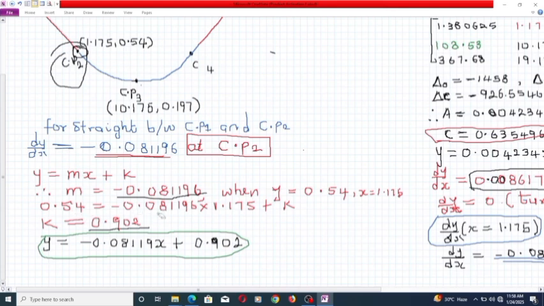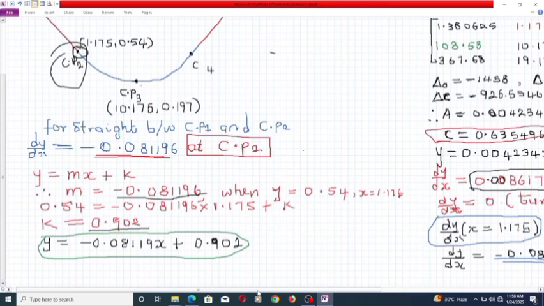Our slope remains the same. So we will obtain our k. You discover that our k value for the intercept will be 0.902. So we can rewrite our expression for the straight line portion to be this. So we've been able to obtain the various unknowns in this problem.